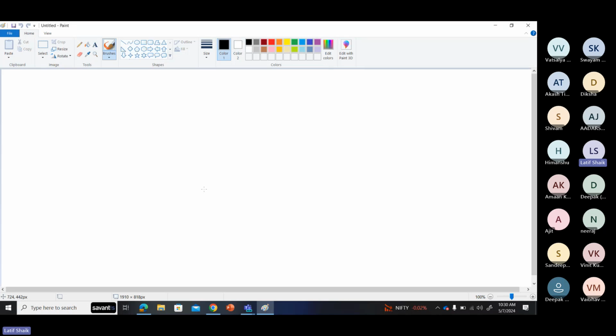Different organizations build different types of applications. As well as Office 365 and Google Docs. So different types of applications we are using daily.